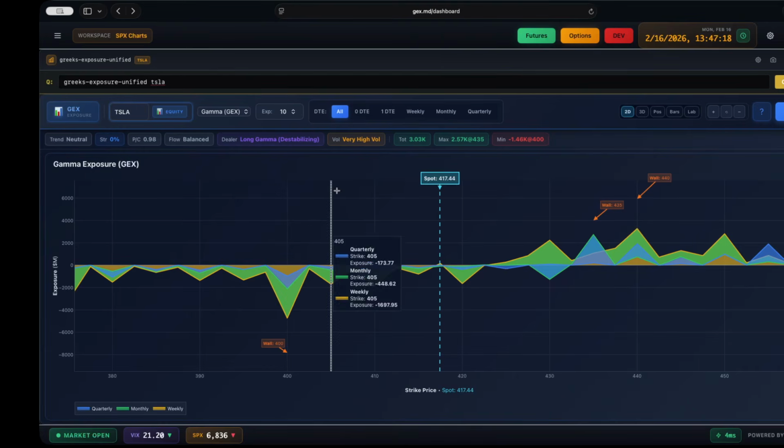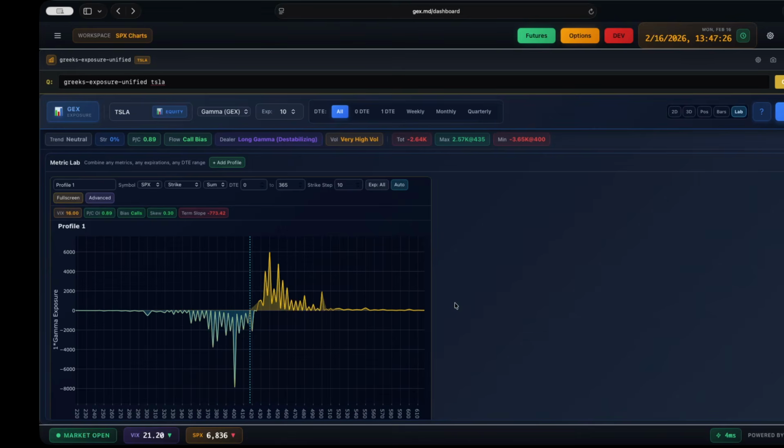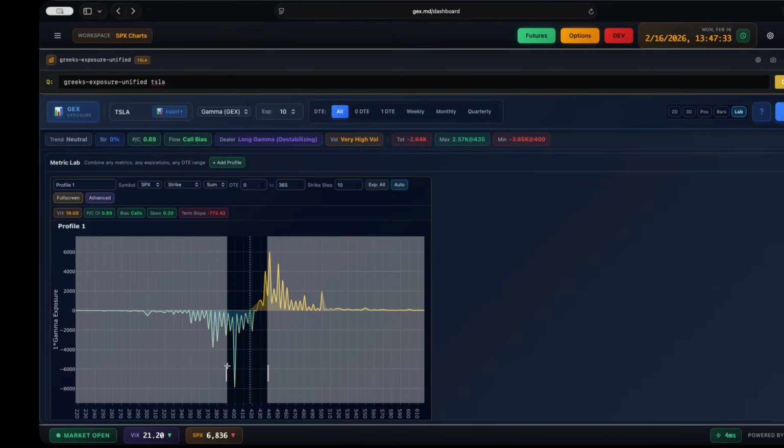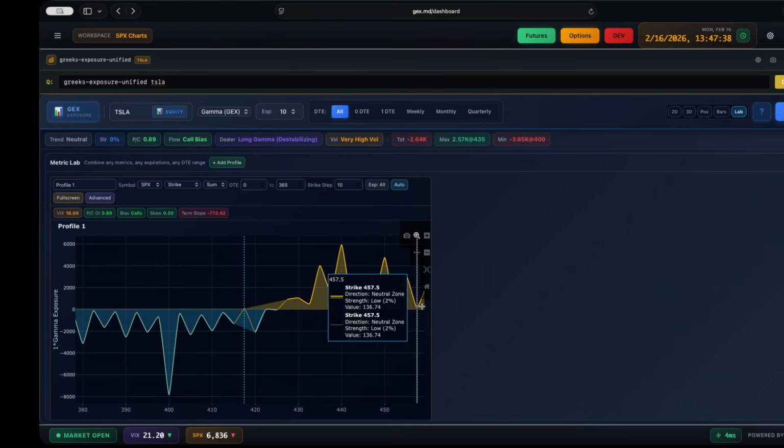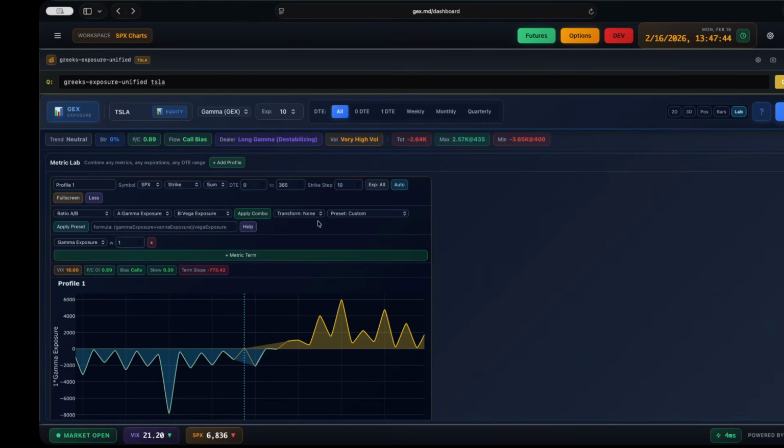Now we have advanced things inside this, but you have to know what you're doing. It is the lab. The lab is going to show you different stuff. So you can go here in advanced, and then you can choose ratio, multiply, sum, difference, composite up, composite down, divide, no matter.